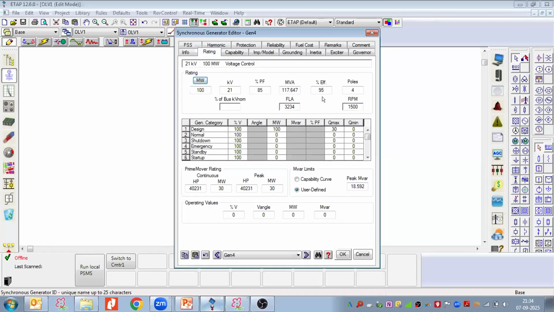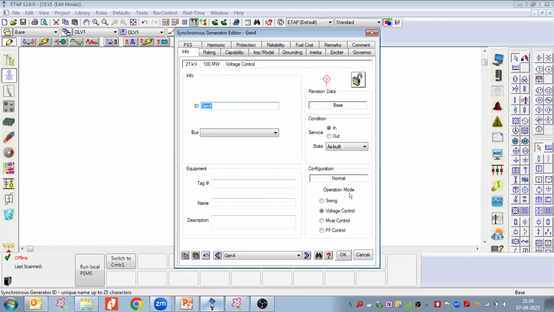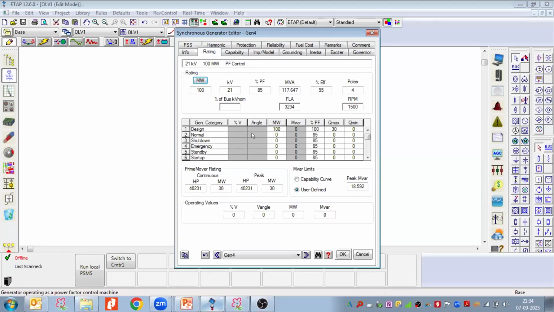So in order to get the reactive power maximum and minimum limit, I have to go back into the info page, and change this operation mode from voltage control mode into power factor control mode, PF control mode. Thereafter we have to go again into the rating tab, and again here we have to put 100 megawatt, and then for the power factor I am putting 85%.